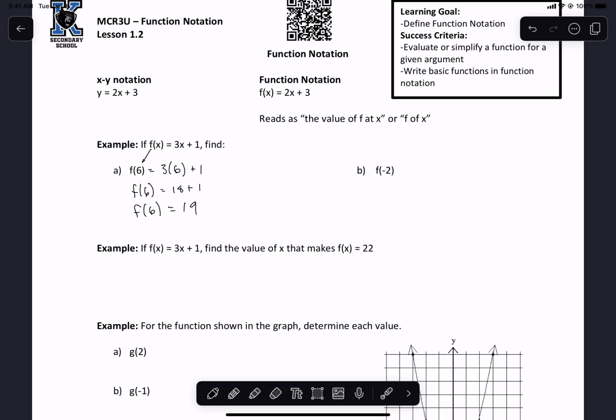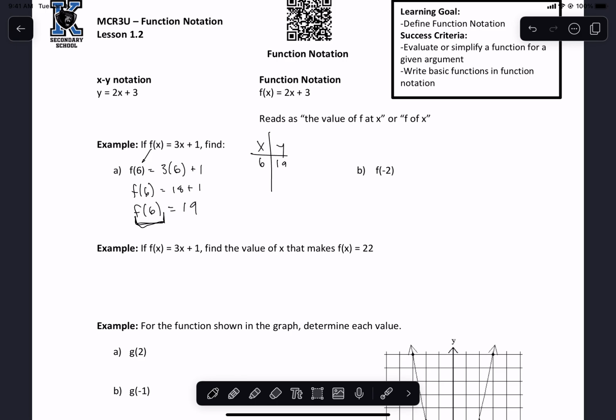So it's very clear. This is what's nice about the function notation: it's almost like a table of values. We know now that when x is 6, the y value is 19. It says the y value of the function when x is 6 is 19.